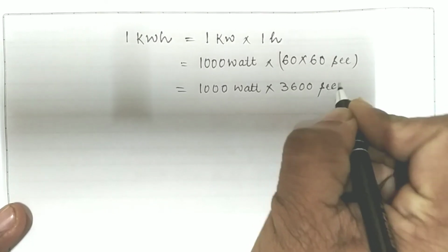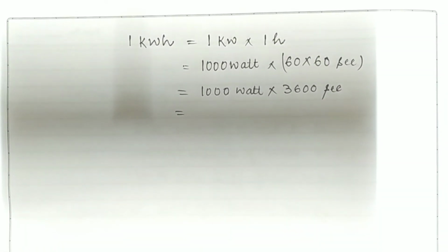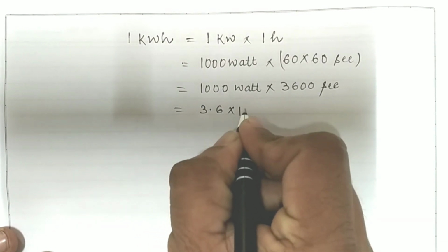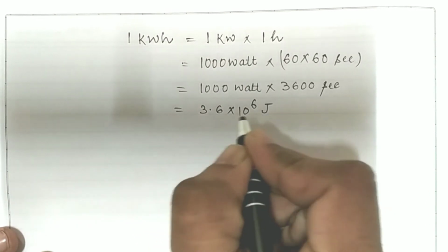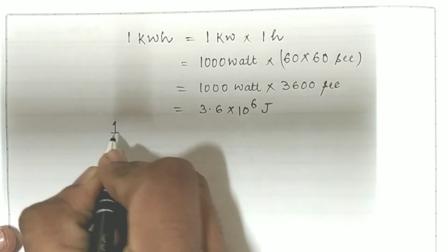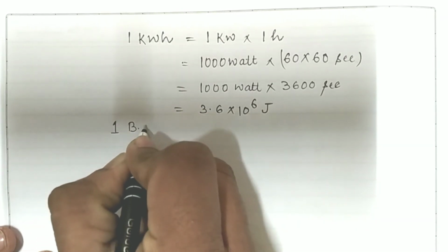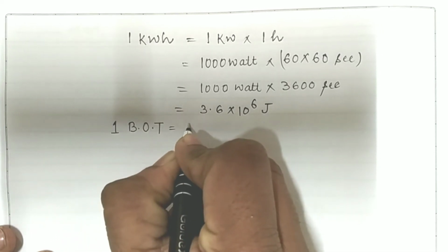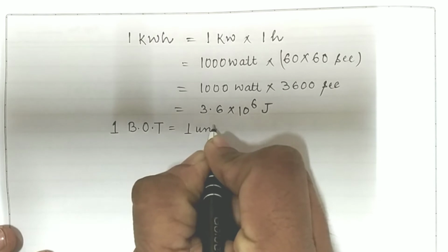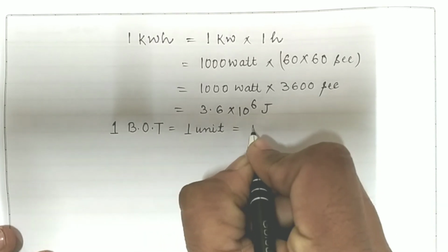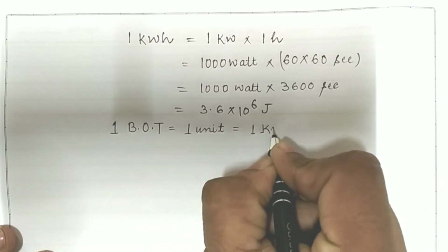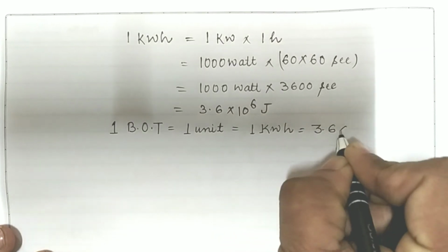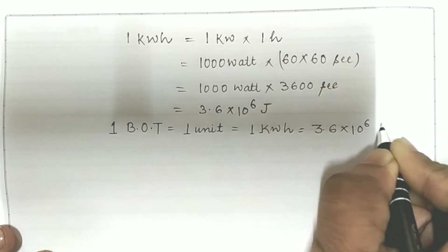On taking the product, we find it is 3.6 into 10 to the power 6 joule. So 1 BOT, that is Board of Trade unit, is also known as 1 unit, and 1 unit is equal to 1 kilowatt hour, which is 3.6 into 10 to the power 6 joule of energy.